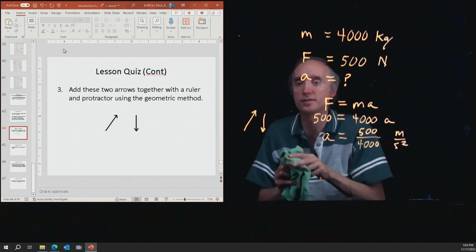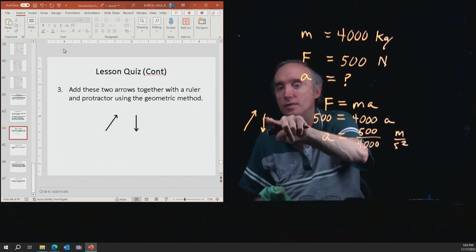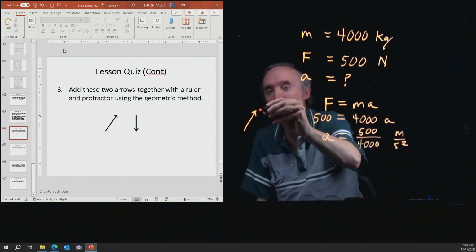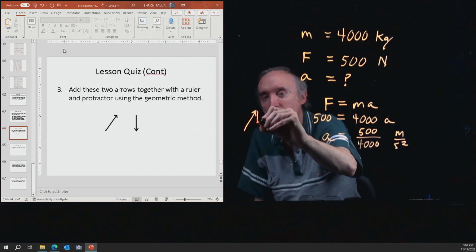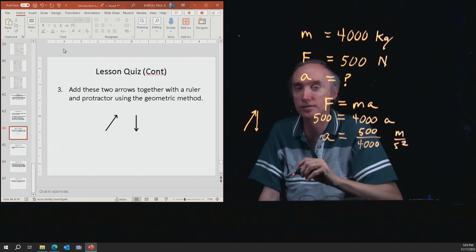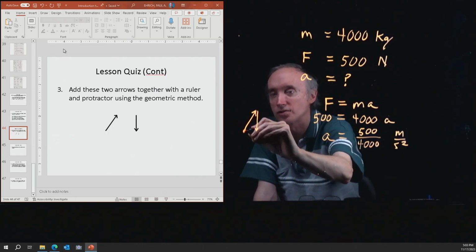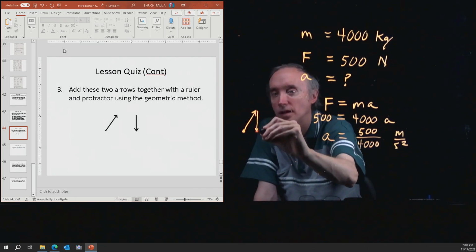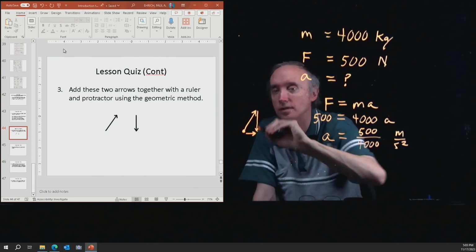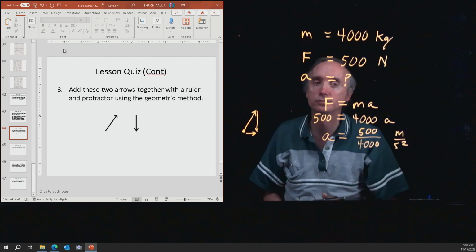I can pick up this arrow and put it so that the tail of this arrow is at the head of that one. Then my final answer is where I start and where I end, and I connect them. That would be my answer.